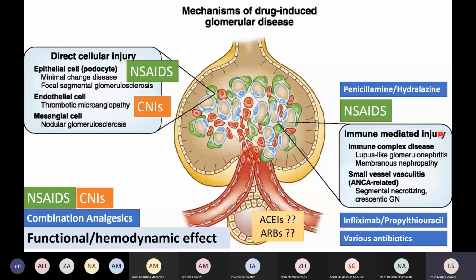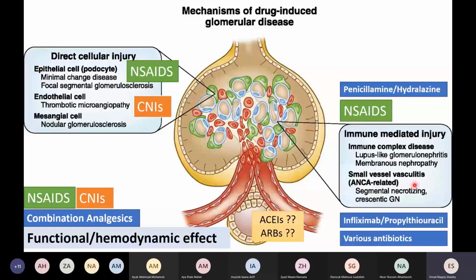Another third mechanism can be just an antibody which affects the small blood vessels, and the glomerular capillaries are among these small blood vessels. So it will cause a small vessel vasculitis. Okay, so the immune-mediated injury can be immune complex disease, lupus-like, or membranous.